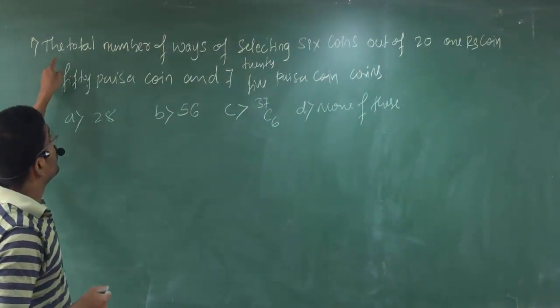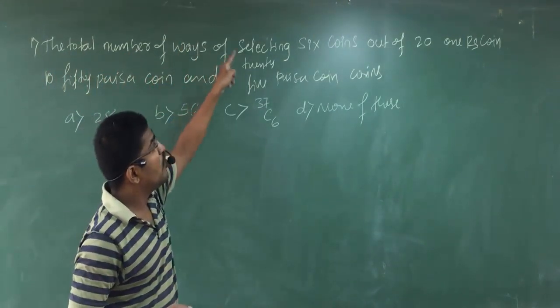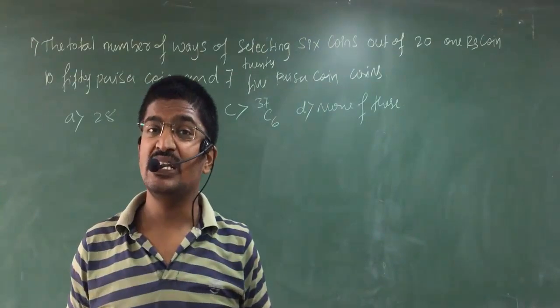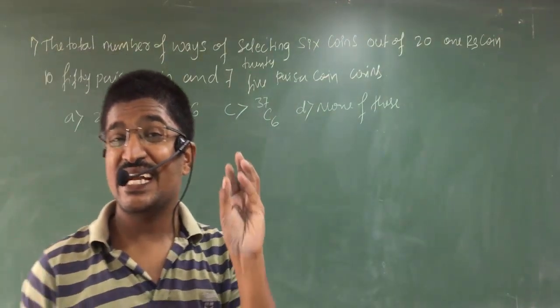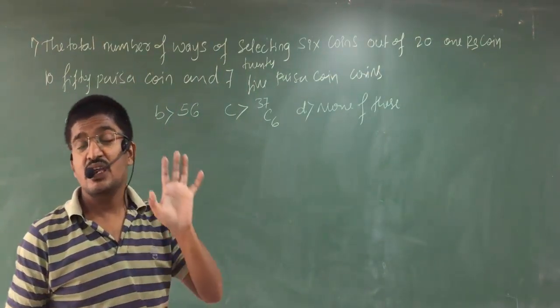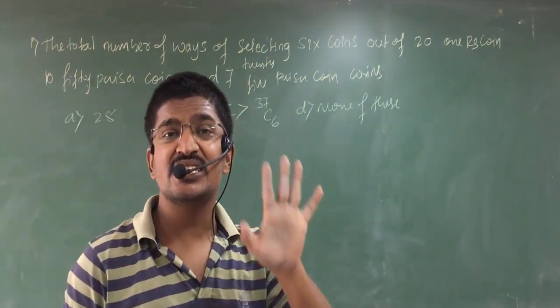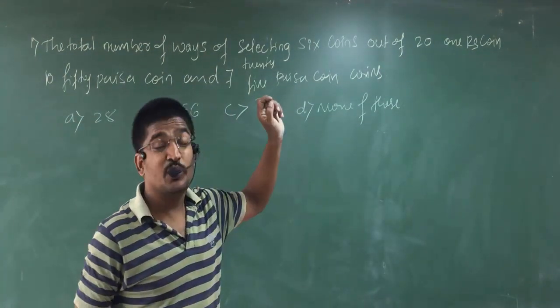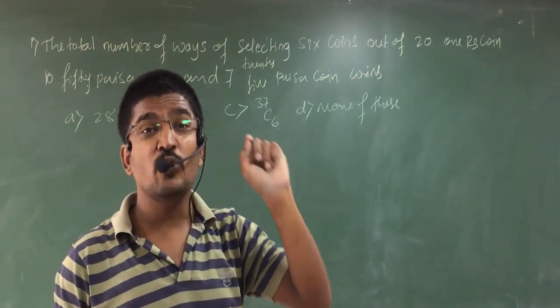See, the total number of ways of selecting 6 coins. That means you are selecting 6 coins. Please understand, you are selecting 6 coins out of 20 one-rupee coins.